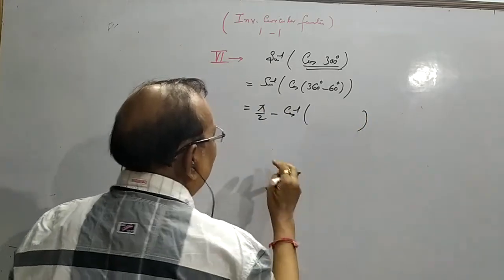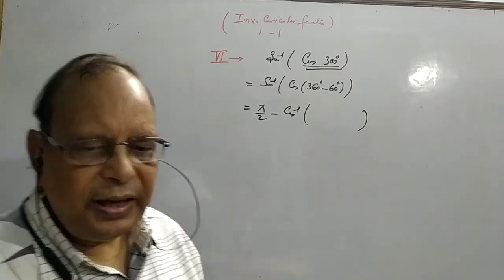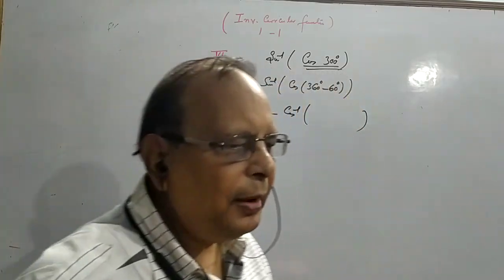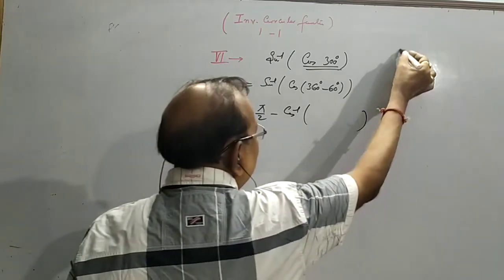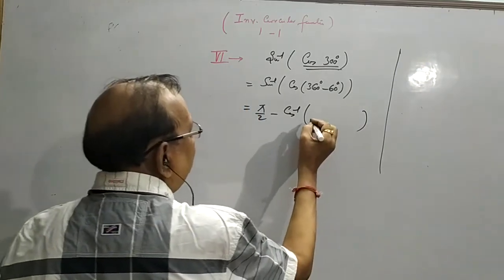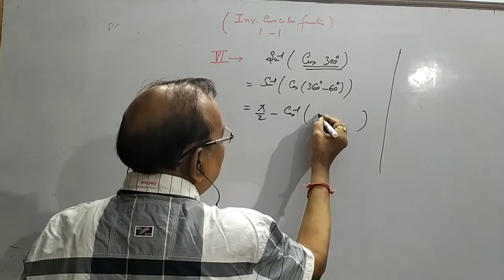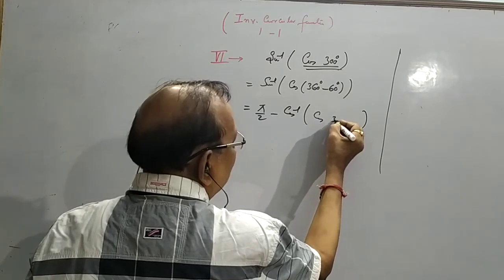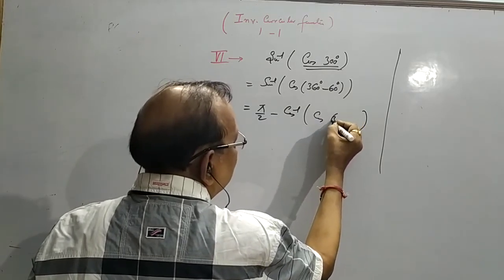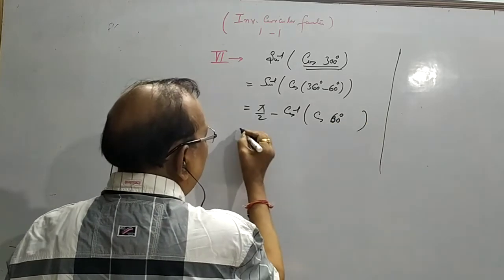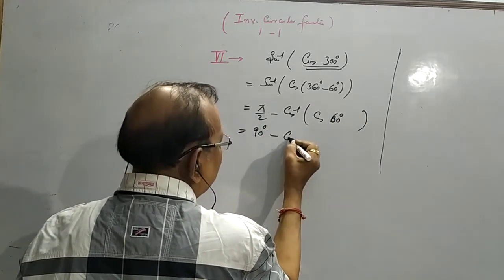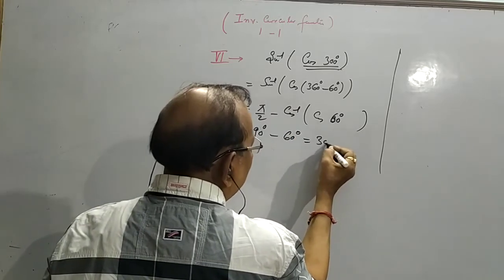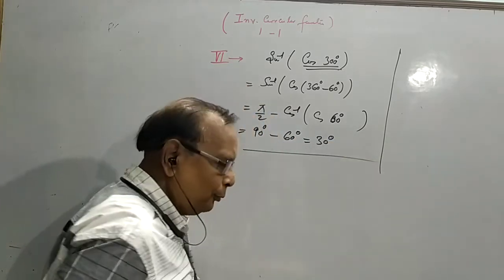As sine inverse x is equal to pi by 2 minus cos inverse x, we have already tested cos inverse cos 60 degree, and that is equal to 90 degree minus 60 degree. There are so many possibilities.